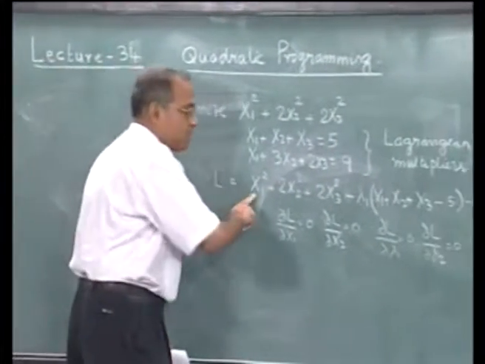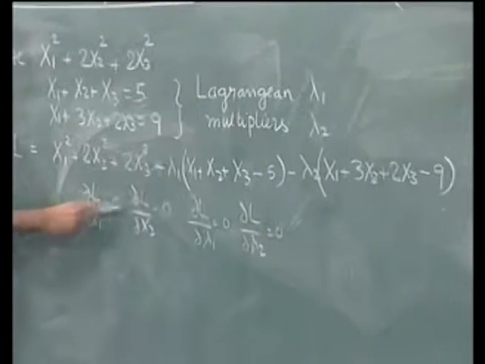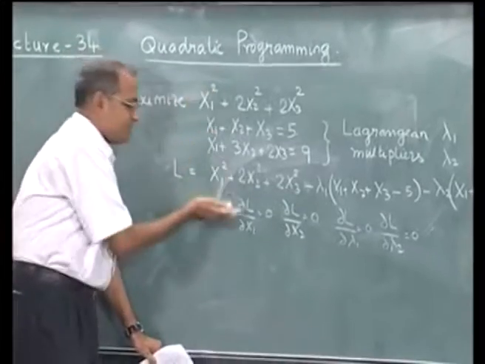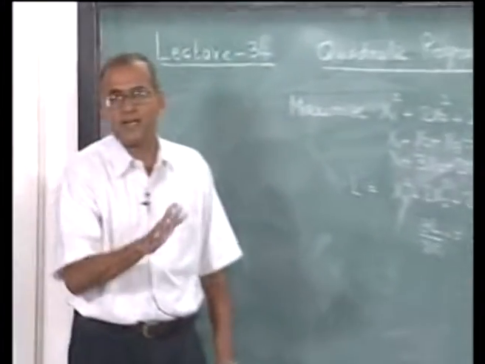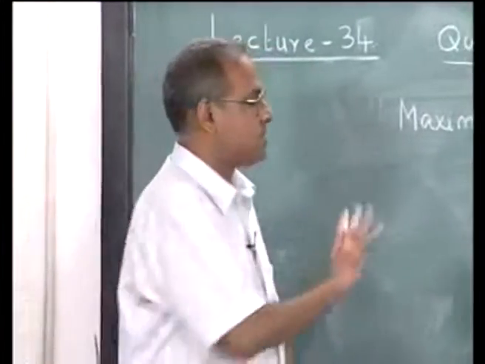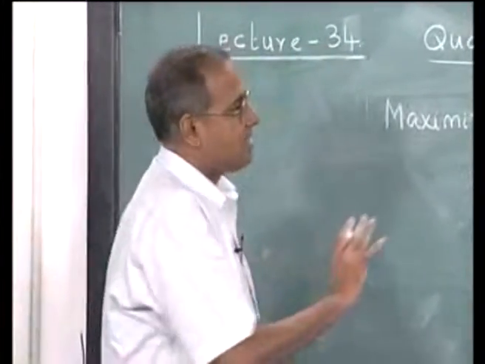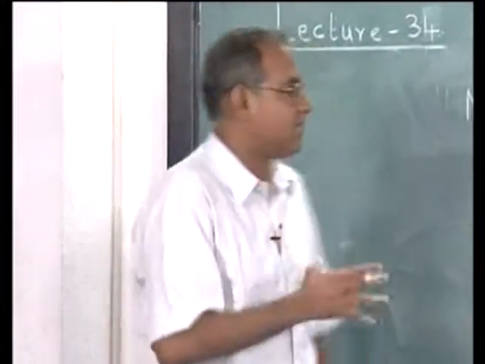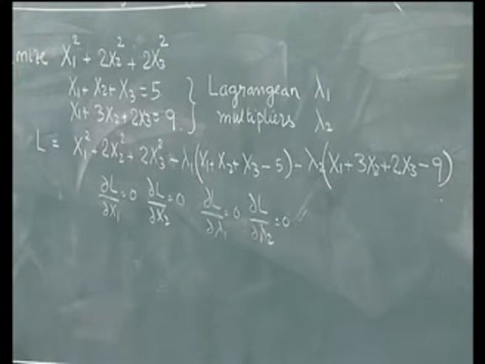This whole thing being a quadratic function, all the derivatives would give us a linear equation. Say if this were cubic, then the resultant equation would have a quadratic term, and then we may have to resort to a suitable method to solve such a thing. Nevertheless, Lagrangian multipliers present us with a framework with which we can attempt problems of this size.